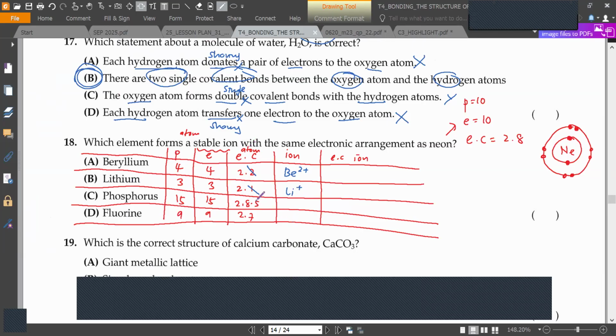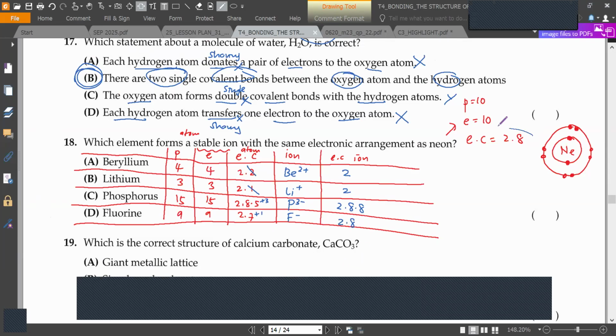Phosphorus will add 3 electrons to give phosphorus 3 negative. Fluorine will add 1 electron to give fluorine negative 1. Now the electron configuration for the ions will be 2 for beryllium, 2 for lithium, 2, 8, 8 for phosphorus, and 2, 8 for fluorine.